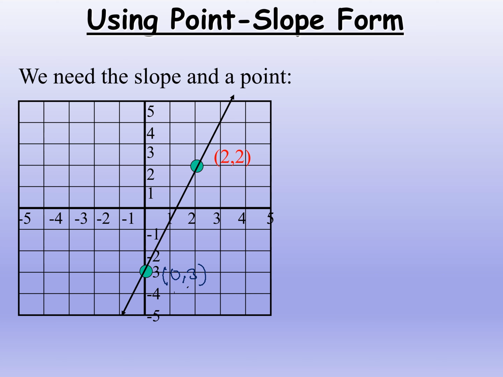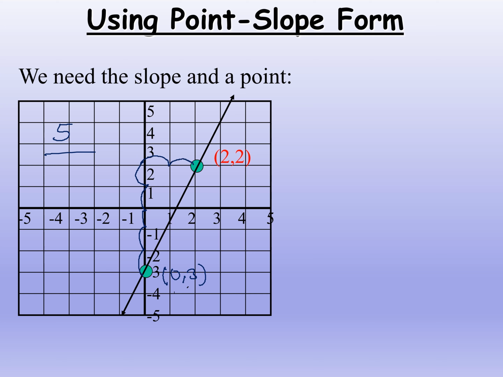So we need the slope and we need the point. So the point is 2, 2, that's what we're going to use. And let's count how many times we have to rise. So we have to go 1, 2, 3, 4, 5. So our slope will be 5/3.